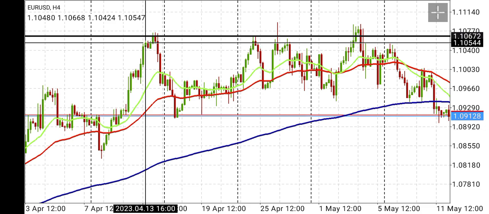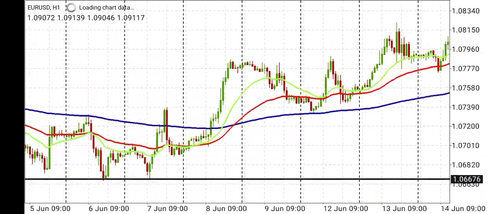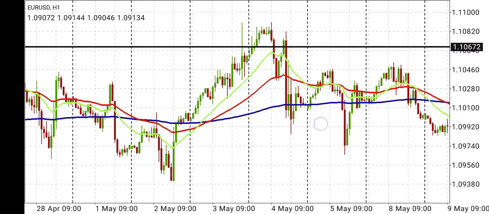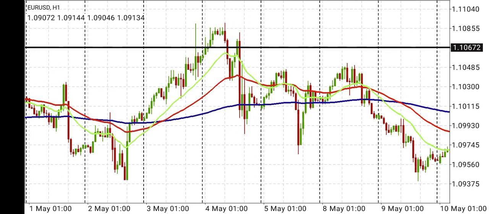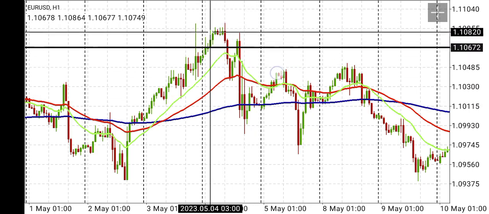For more confirmation, you go to the lower time frame, the H1. What do you see? Because the beauty of this is it helps you filter the noise. It helps tell you that the whole market is about to change from the top down to the bottom. And what happened here? This was the first breakout.